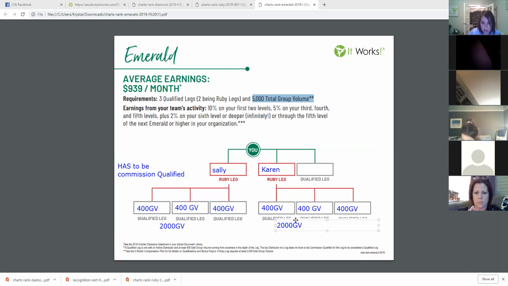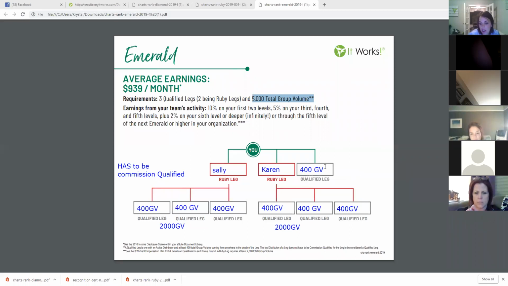Now for Emerald, you need to have 5,000 in group volume. So we know right now between our 2 rubies that took care of 4,000 of this 5,000 in group volume. So as long as we have our 2 rubies underneath us, that part is done. Now you also need your 3rd qualified leg. This 3rd qualified leg only has to have 400 GV, okay? So we're going to make sure that this person has 400 GV.